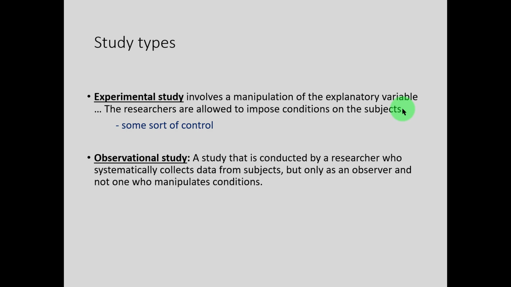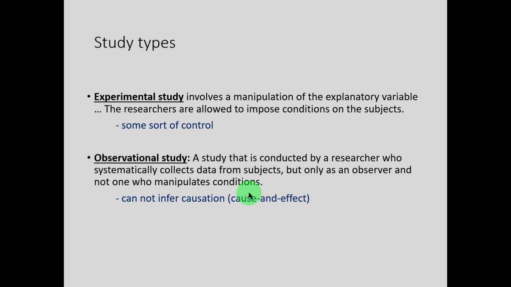Let's contrast that with an observational study in which the researcher is still collecting data and information from subjects, but not by manipulation of any variables, but only as a passive observer. And so there is not any control in an observational study.